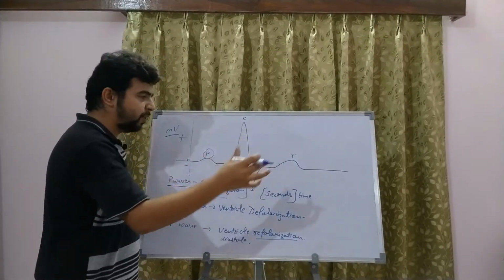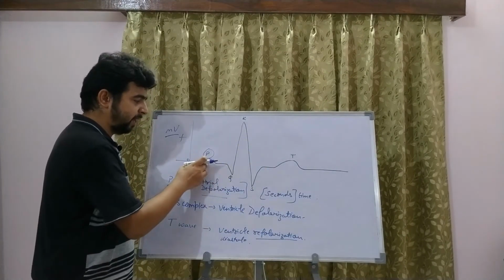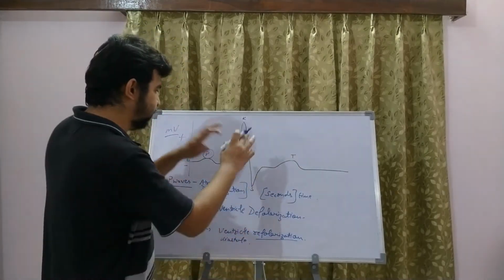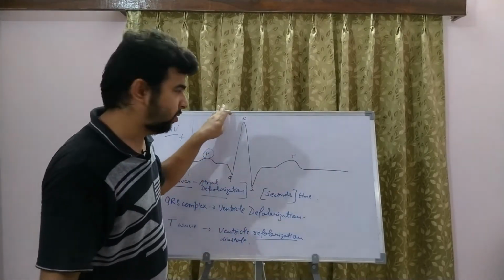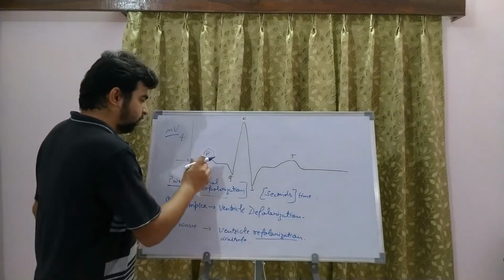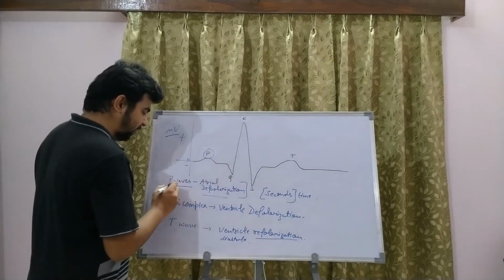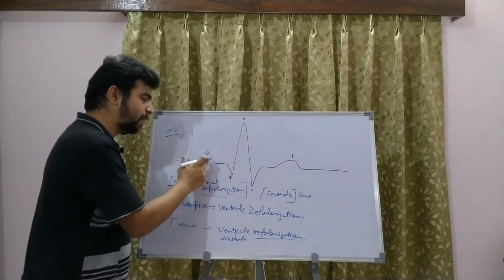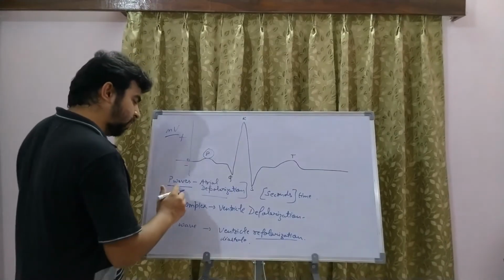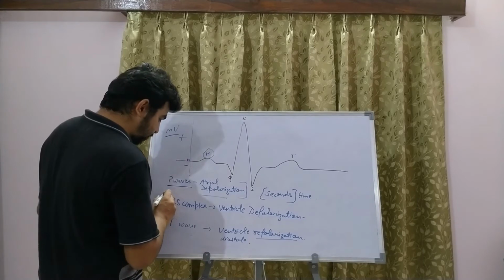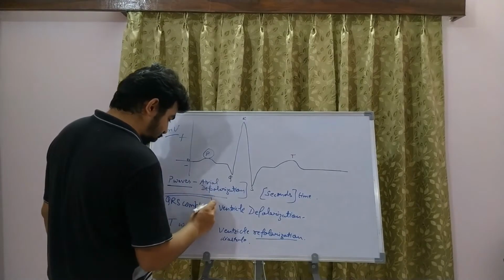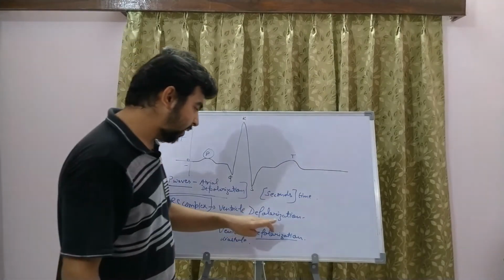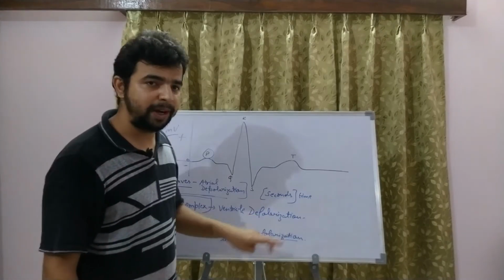In your exam it is not necessary that they will represent it as P, Q, R, S, T, but this is the labeling of a standard electrocardiogram. So the first wave, the atrial depolarization, is designated by the P wave. Now the second wave is the QRS complex. This QRS complex gives a complete idea about ventricle depolarization.